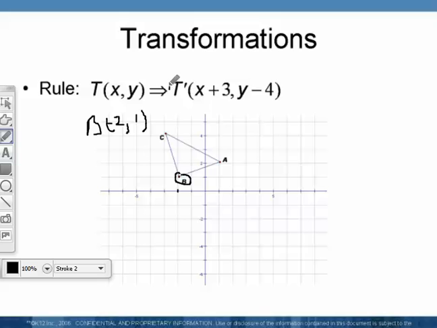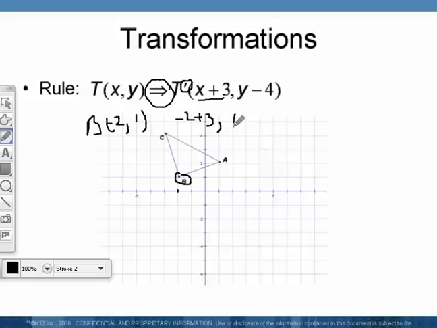And the rule for it, see how this little arrow says? That's the rule. The rule says that the new image is going to be at x plus 3. So I'm going to take negative 2 plus 3, comma, and the y is going to be at y minus 4.